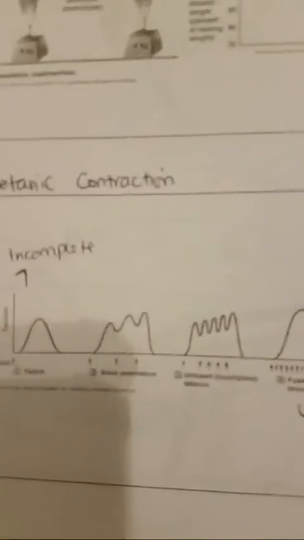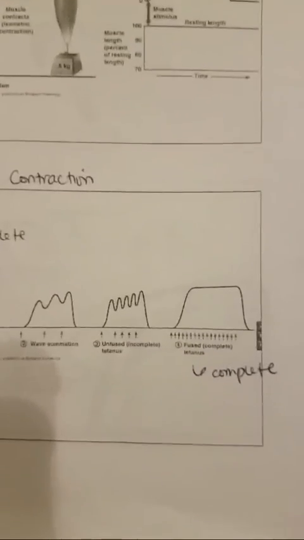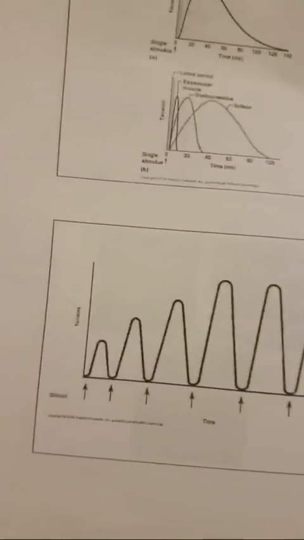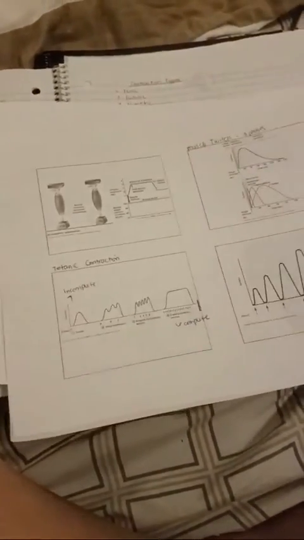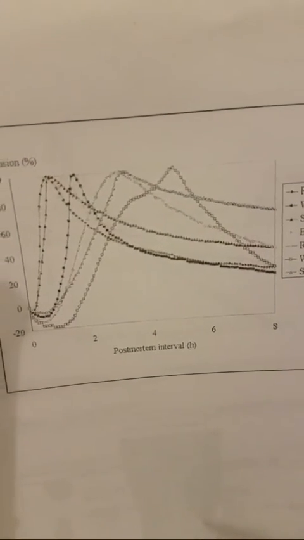Then we have tetanic contraction, incomplete to complete. There we go, that's the tension. And this is the wavelength. It's the post-mortem interval.